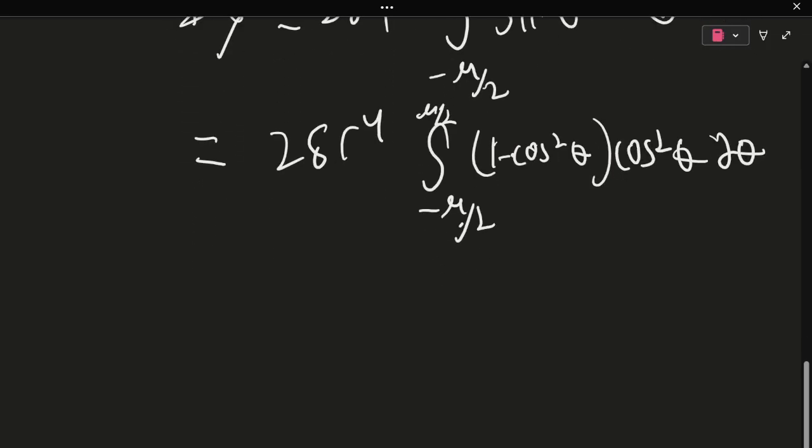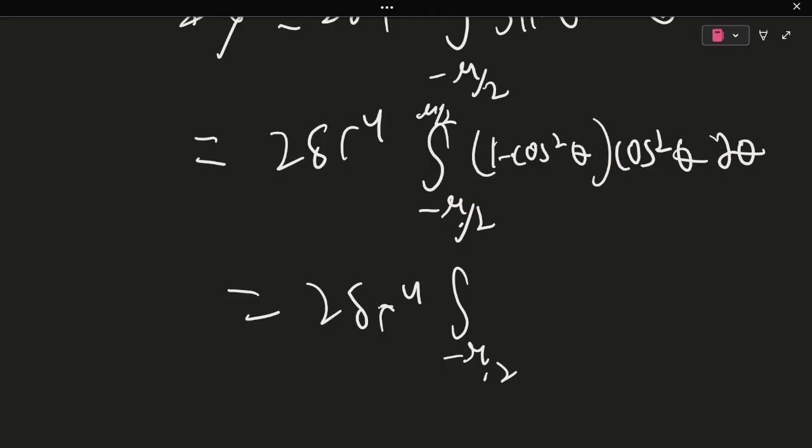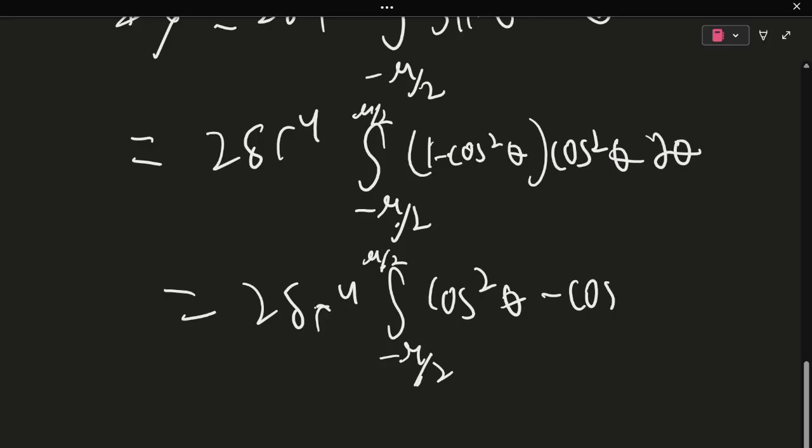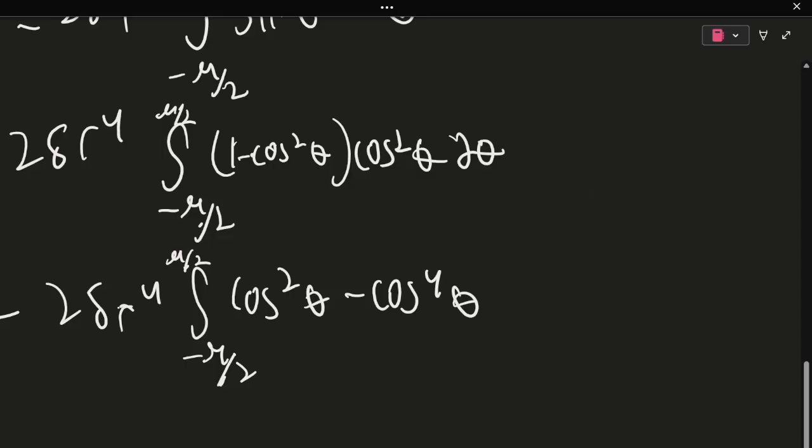We're going to combine these like terms, so it's equal to 2 times density times r to the 4th times the integral from negative pi over 2 to pi over 2 of cosine squared theta minus cosine to the 4th theta d theta.